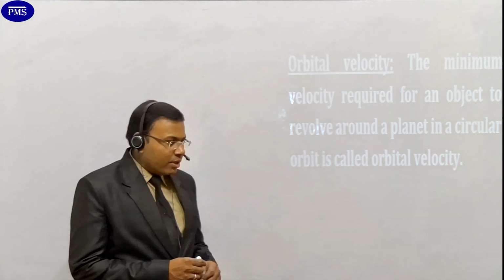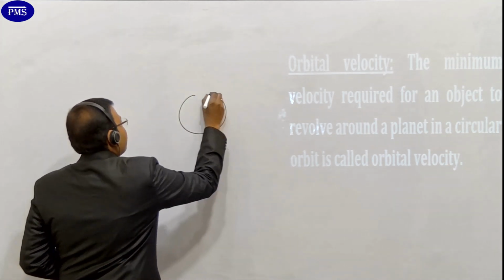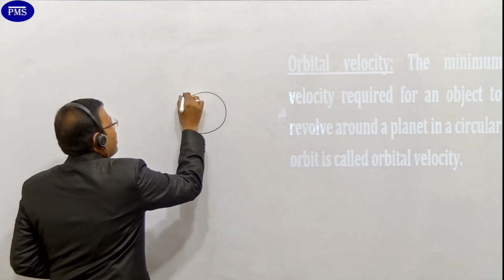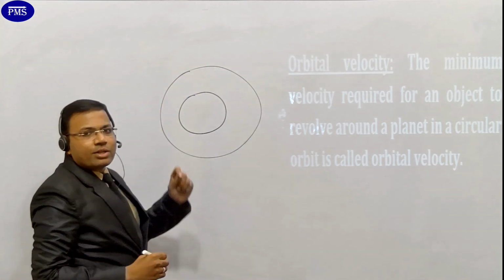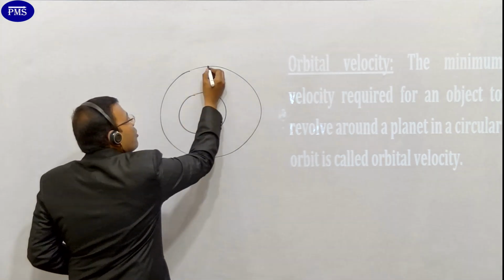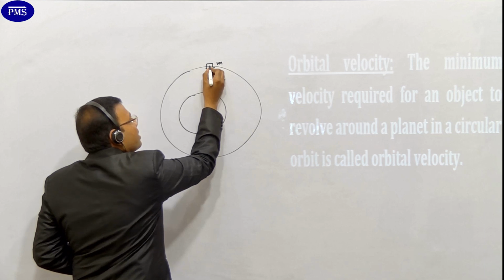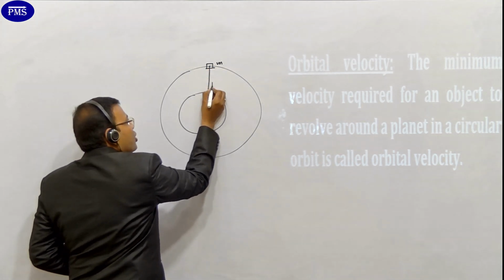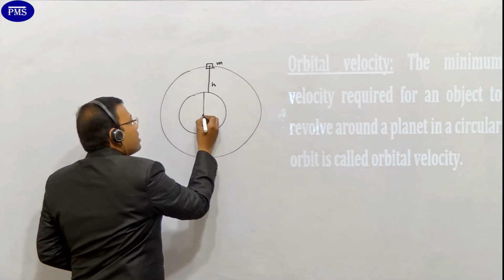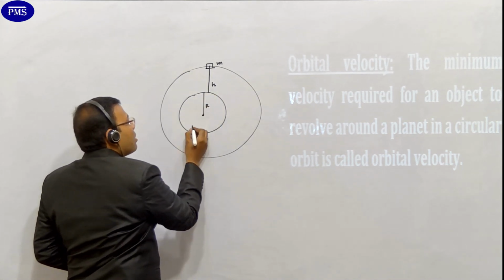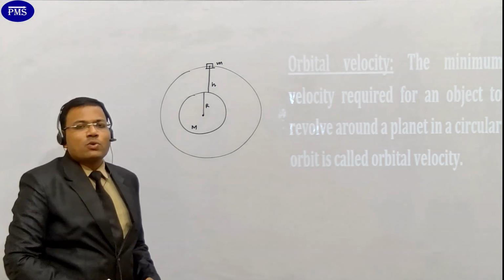I can give you an example. Suppose this is a planet like Earth, and a satellite is revolving around this planet. Say this is the satellite of mass m, at a height h from the surface of the earth, and let us consider the radius of the earth as R and the mass M. You can say earth or the planet, because earth is also a planet.